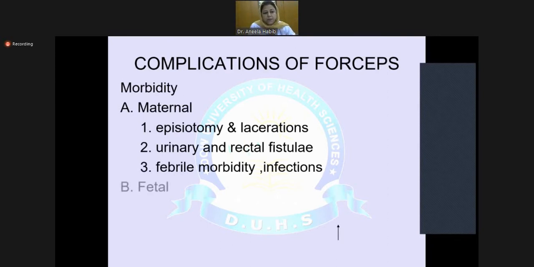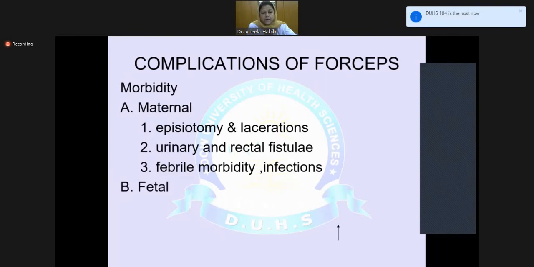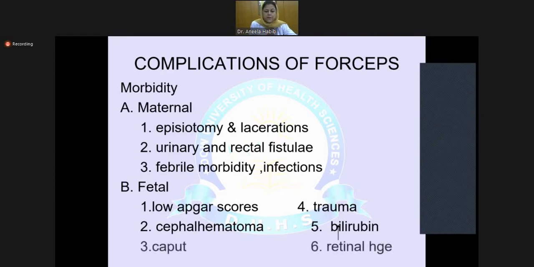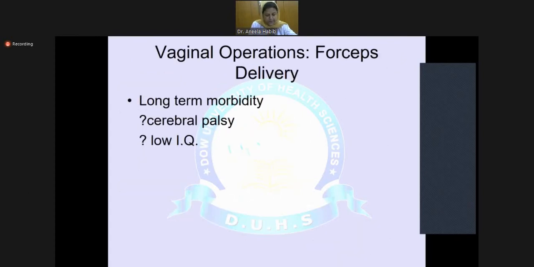And sometimes urinary or rectal fistula, sometimes the patient may run a temperature or infection. And in the baby, you may have a low Apgar score and cephalohematoma, and sometimes caput formation, trauma, high bilirubin, and retinal hemorrhage in your baby.